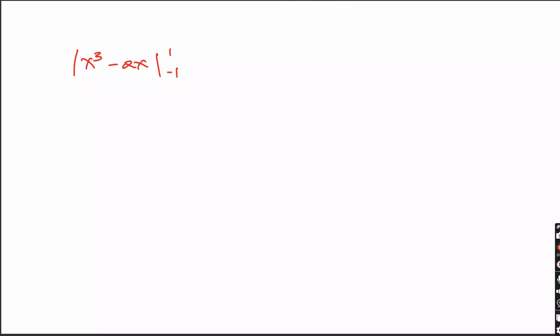So what can we do? We start with the upper variable. So we say 1 to the power 3 minus 2, where there is x, we put 1. Then we subtract by the next one, where x is negative 1: negative 1 to the power 3 minus 2, then negative 1.